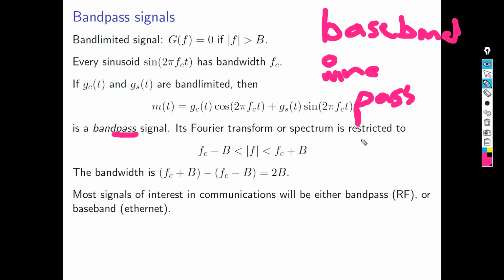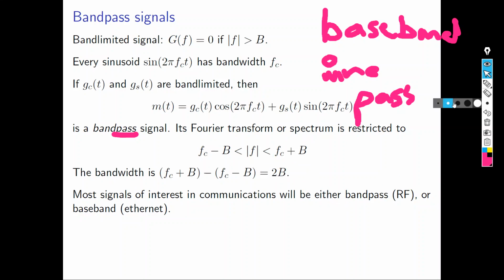Its Fourier transform, or spectrum, after you multiply and modulate, which is the bandwidth of your signal, is defined as follows: magnitude of f greater than fc minus B, less than fc plus B. So the bandwidth is this minus this, which is equal to 2B.